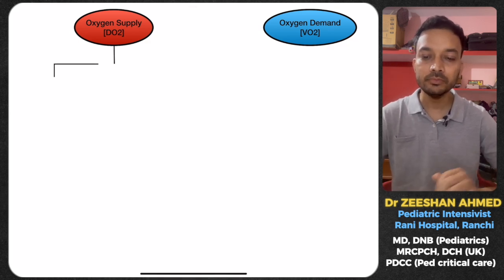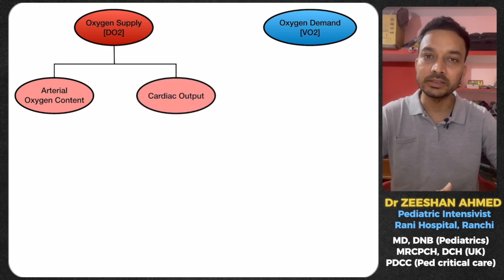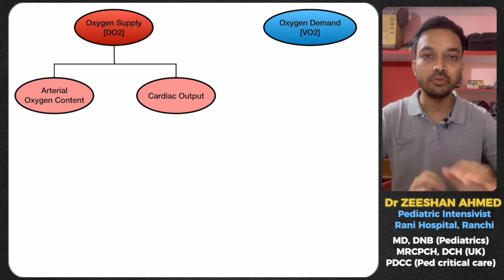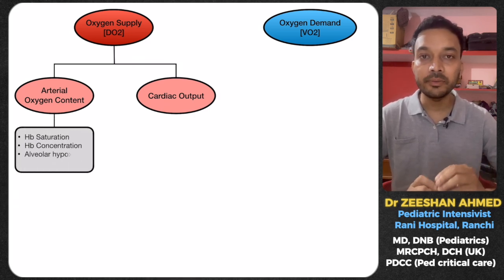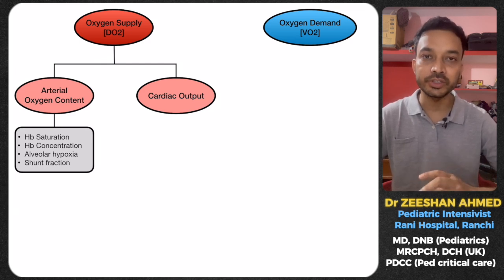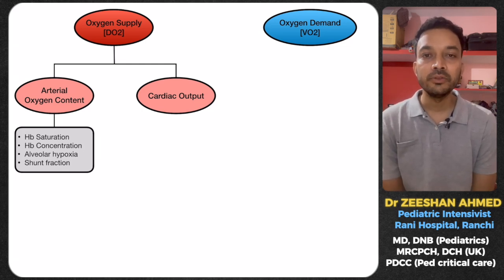So the oxygen supply or DO2 depends upon two factors. One is the arterial oxygen content and the other is the cardiac output. Now, the arterial oxygen content depends upon a few factors. One is hemoglobin concentration. So, if the child has anemia, then it will decrease the oxygen supply to the tissues.